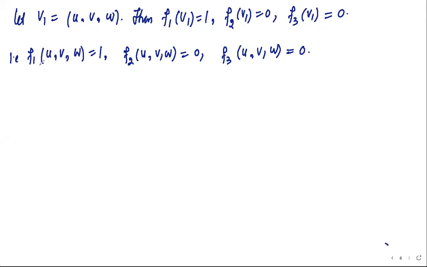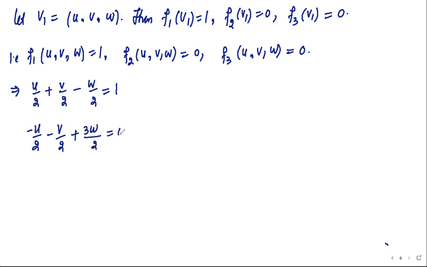Now f1 is equal to x by 2 plus y by 2 minus z by 2. So this implies u by 2 plus v by 2 minus w by 2 is equal to 1. And the second equation is minus u by 2 minus v by 2 plus 3w by 2, this is equal to 0.